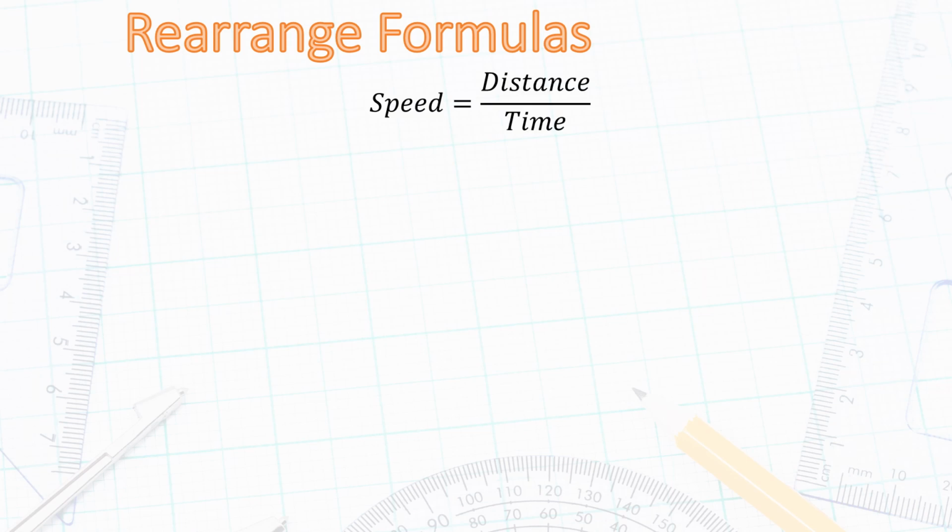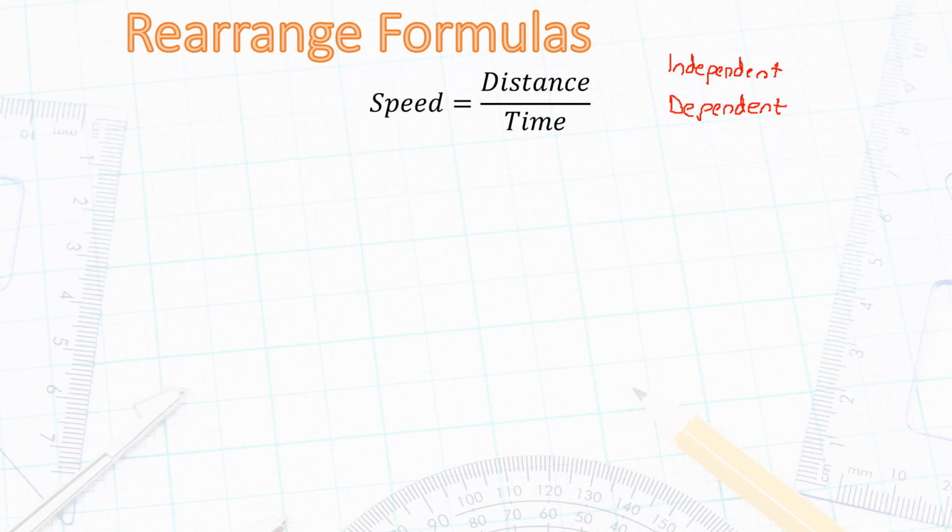Okay, so what you may be asked to do is to rearrange some formulas. The reason is that a lot of formulas have what we call an independent and a dependent variable. That means that one variable changes in response to the other.